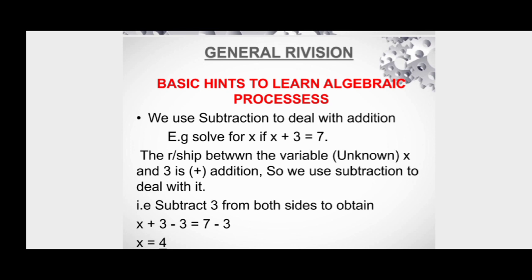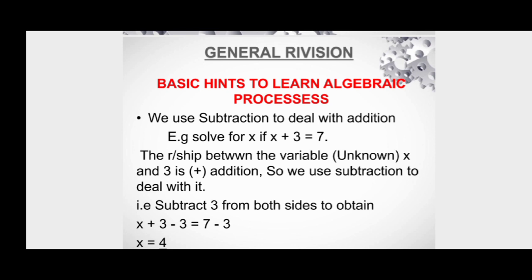And as well, in solving algebraic processes, we named this slide the basic hints to learn algebraic processes. We consider the four operational signs, which are addition, subtraction, multiplication, and division.